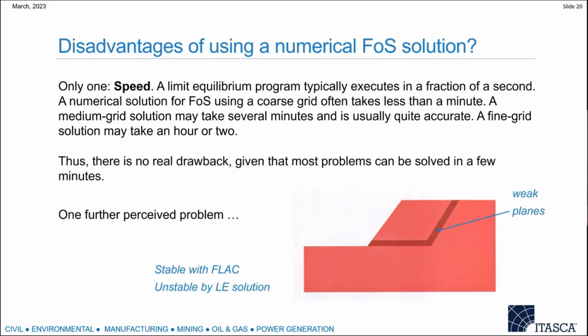How about the disadvantage of using the numerical factor of safety solution? I think maybe just one, speed. But generally I think it's acceptable, because compared with the advantages, the speed is just a minor disadvantage. Particularly nowadays, computers become faster and faster.